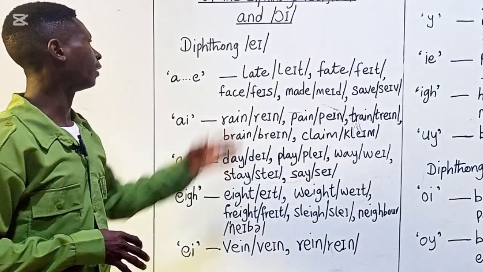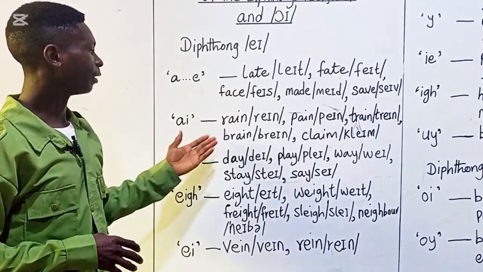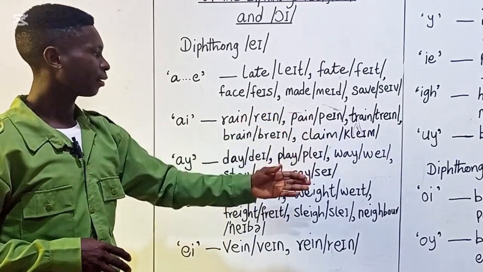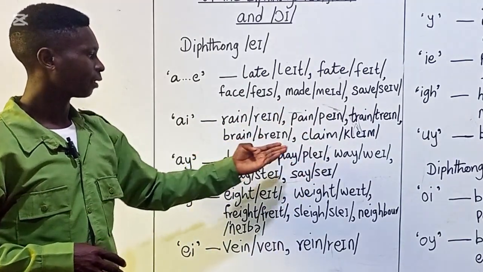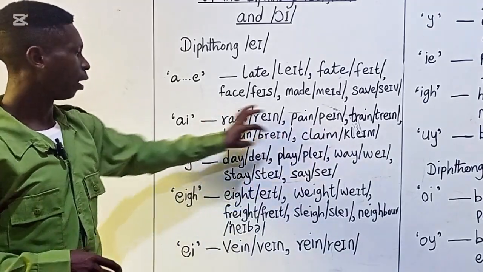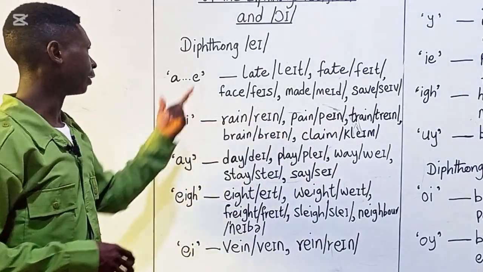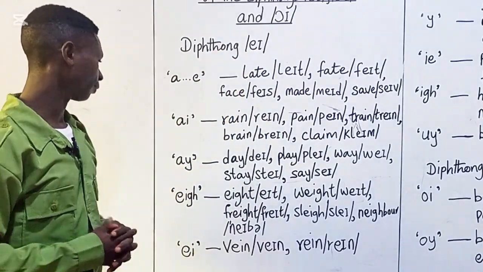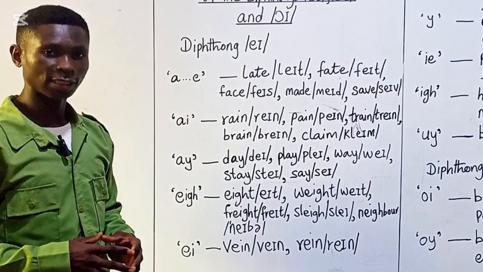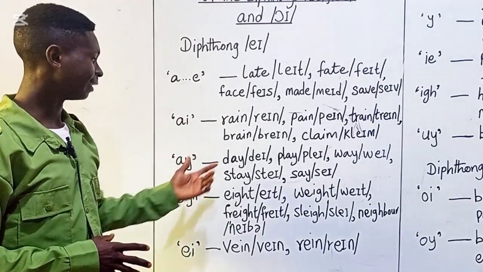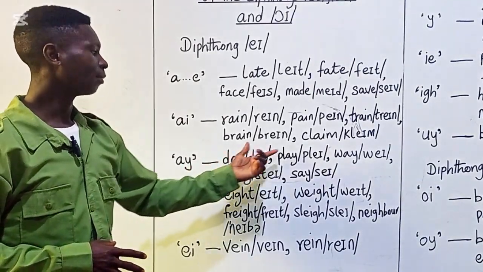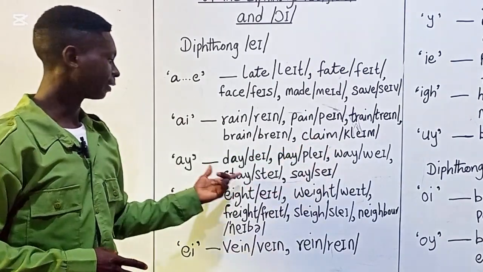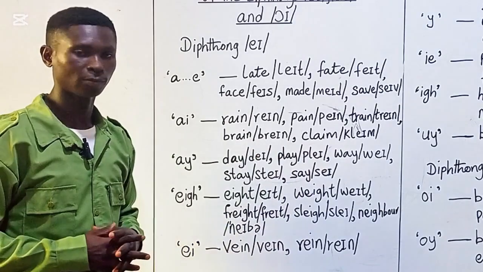The next spelling of the A sound is AI, as in rain, pain, train, brain, claim. So all these are words with the A sound. AY is another spelling of the A sound, as in day, play, way, stay, and say.